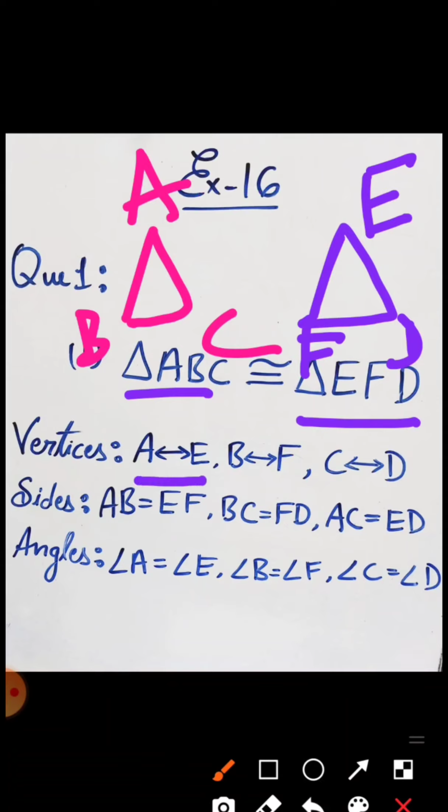A is corresponding to E, B is corresponding to F, and C is corresponding to D. The same thing is written here.